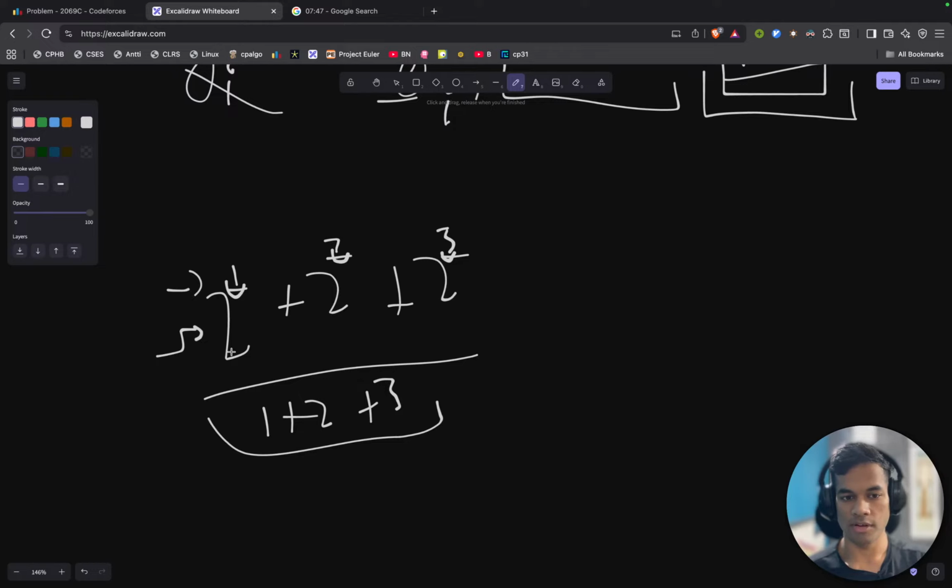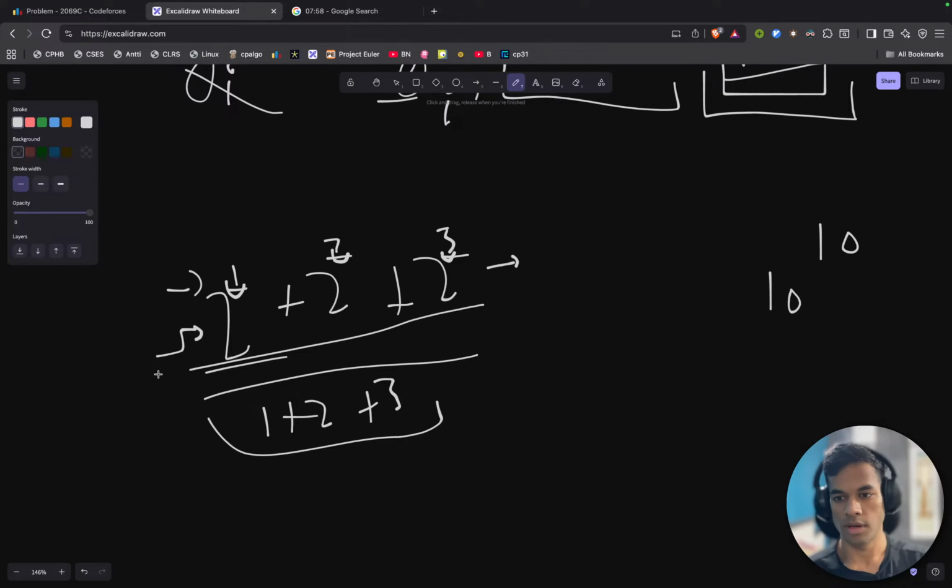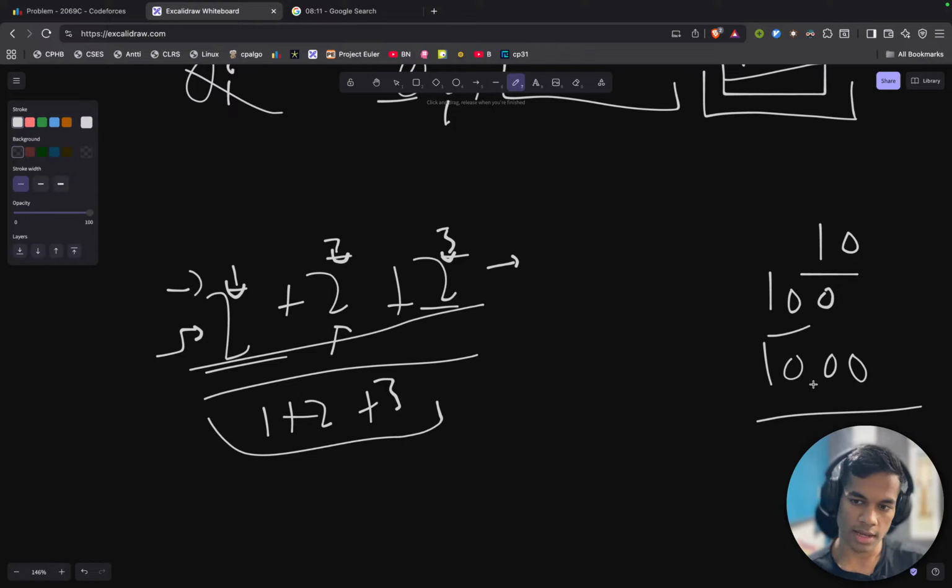Or if we represent this number in binary format, it would be like 1 0 1 for this one, and for this one we would have 0 1 0 0, and for this one we will have three zeros on the right. But that also does not help in any way.